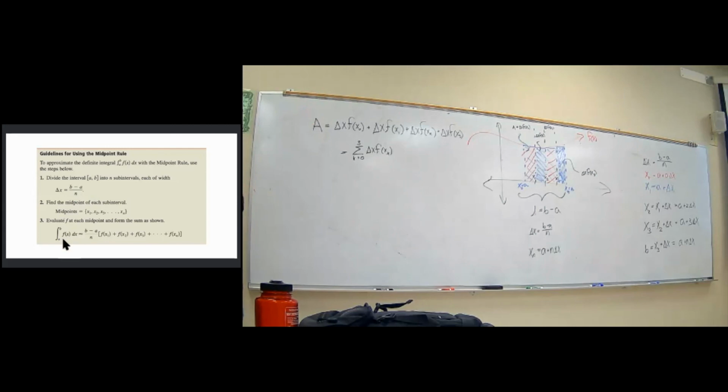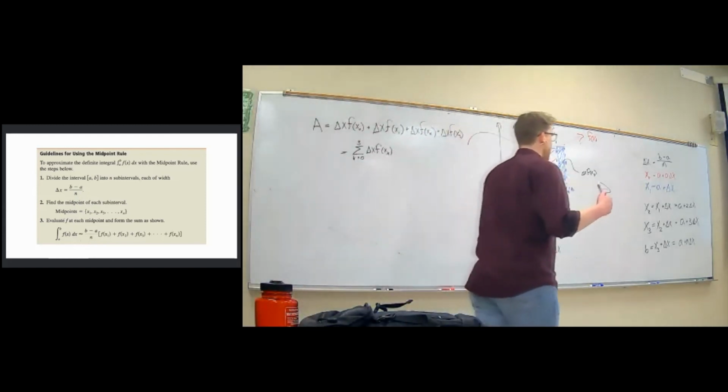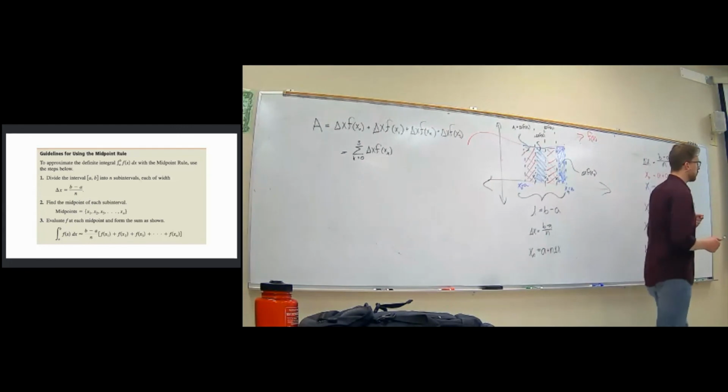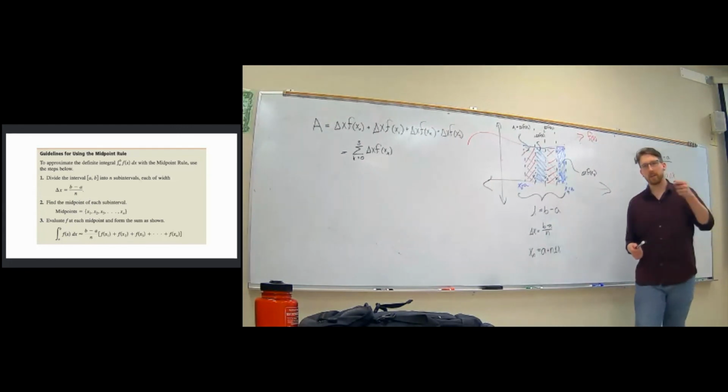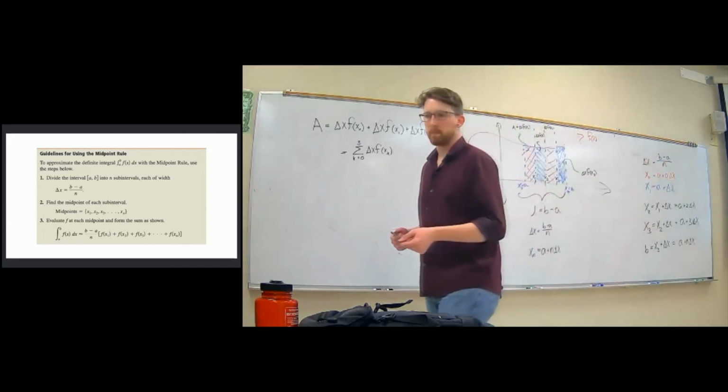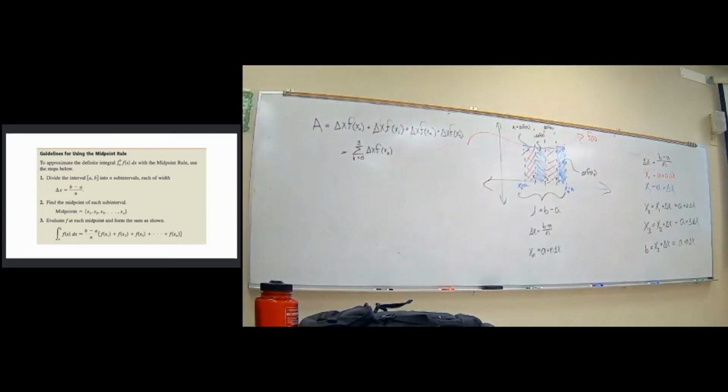Then you're going to say, all right, the integral of our function from a to b with respect to x is approximately equal to delta x times the sum of your function evaluated at each of those midpoints. So here we're saying x1 is equal to some number in between a and a plus delta x, right? It's the value directly in between that.